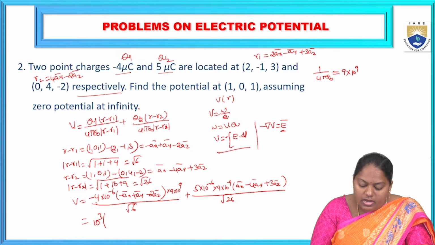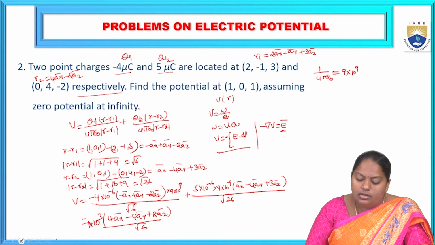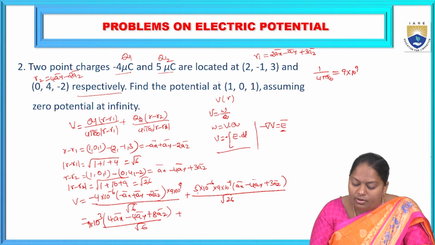Then minus 4 is multiplied here, giving 4AX minus 4AY plus 8AZ by root 6, and 9 into 10 cube is common between these two factors, plus 5AX minus 20AY plus 15AZ by root 26.